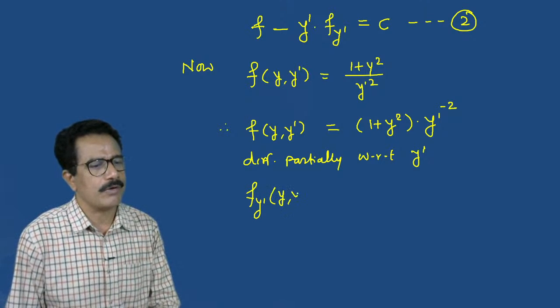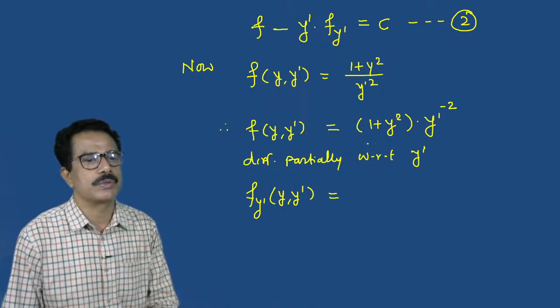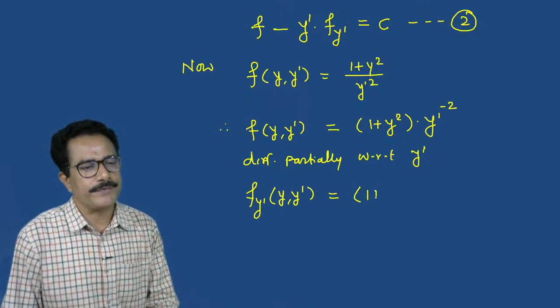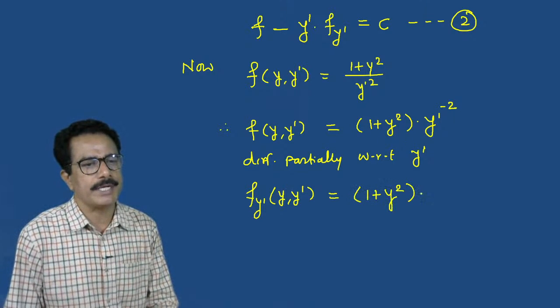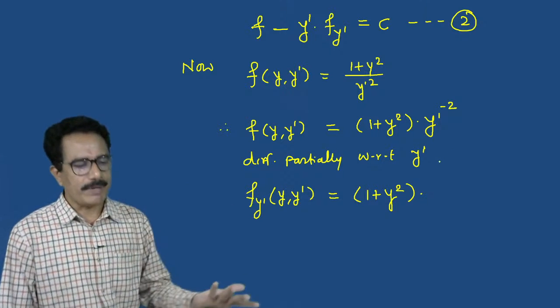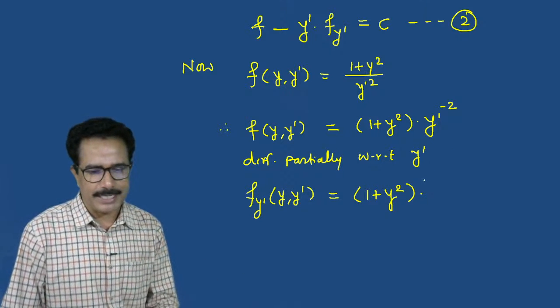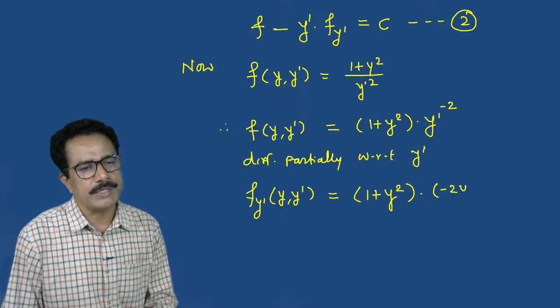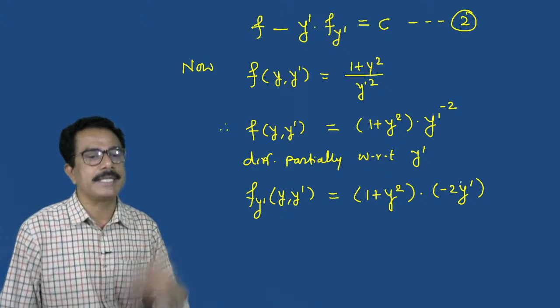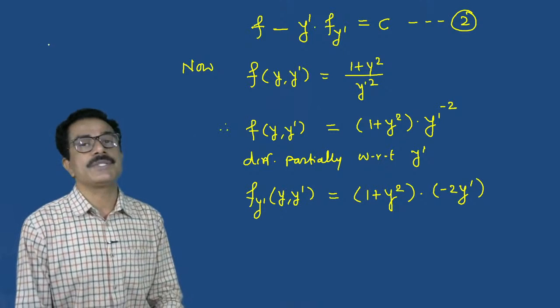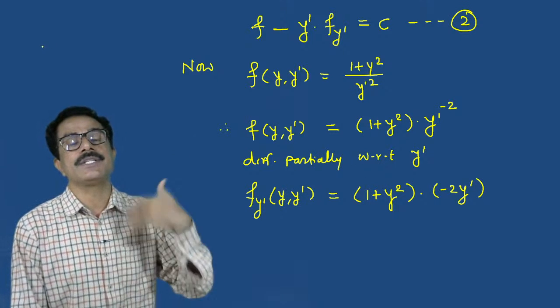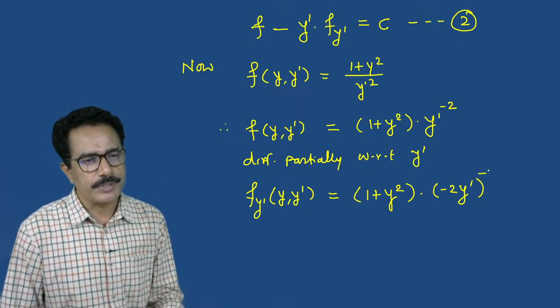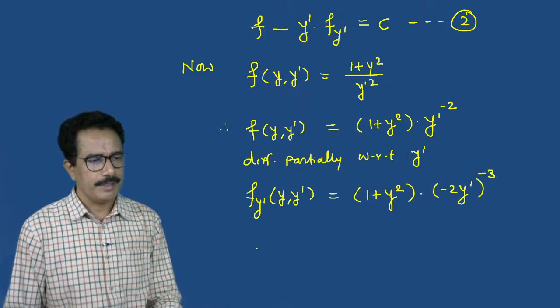fy dash of f(y, y dash), which is equal to: this constant coefficient is y square into power multiple, take the power and reduce the power by 1, that is -2 into y dash power. The derivative of x raised to n is n x raised to n minus 1, so it will be -3.